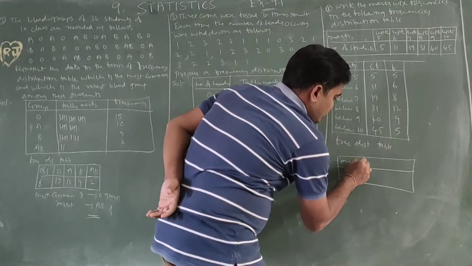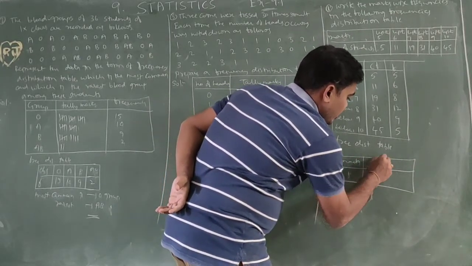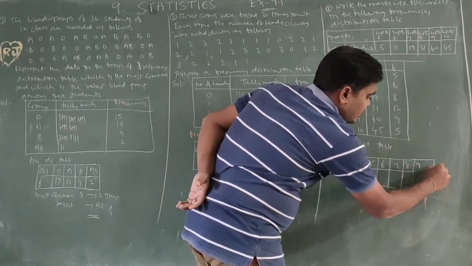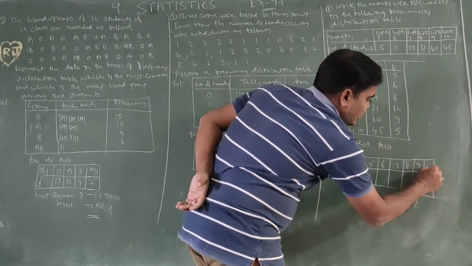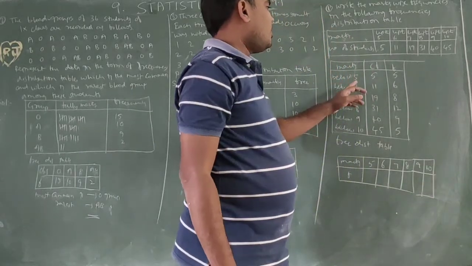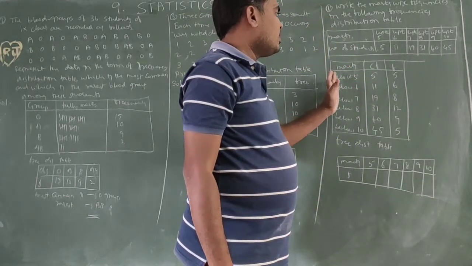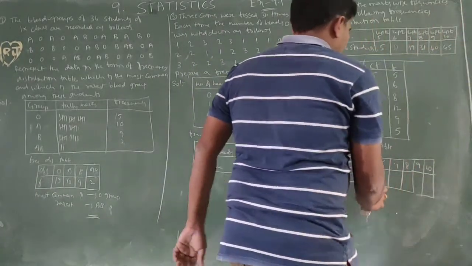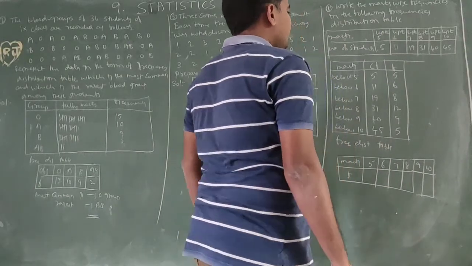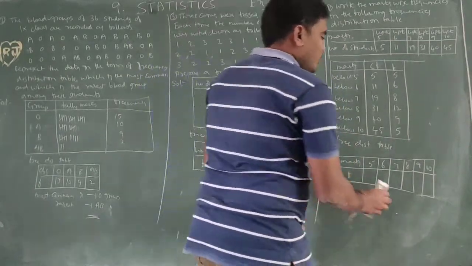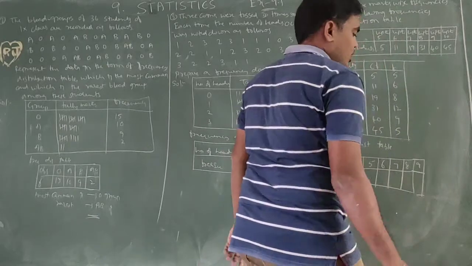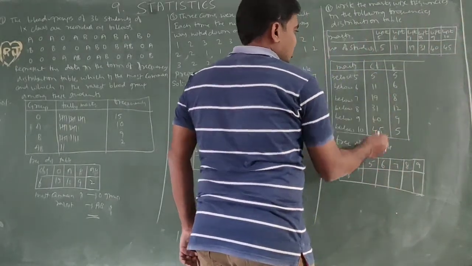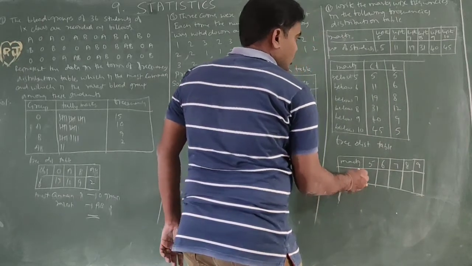Marks, frequency: 5, 6, 7, 8, 9, 10. So 5 marks is nothing but below 5. We are not taking 5. Actually we are not taking 10, up to 9 only. So 5 marks, how many? 4.